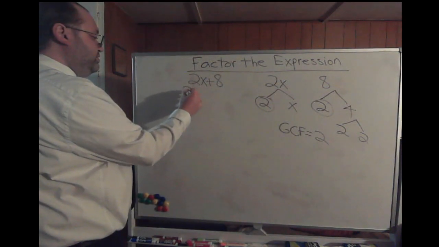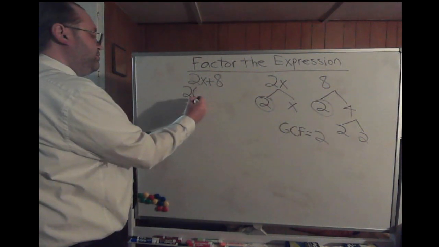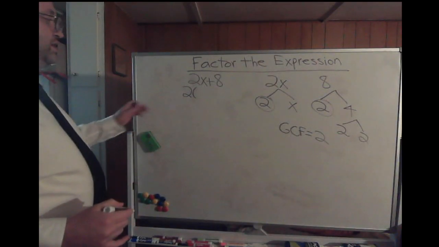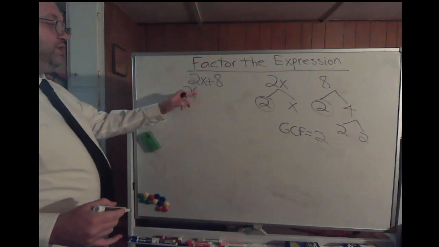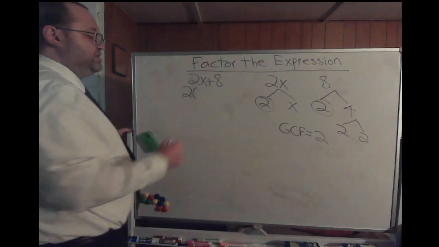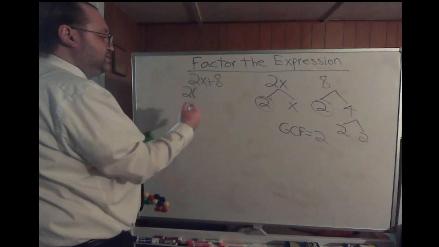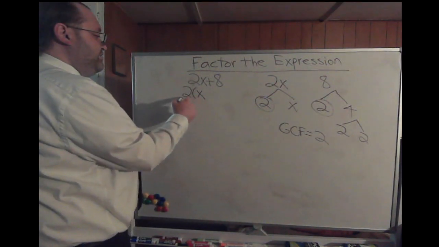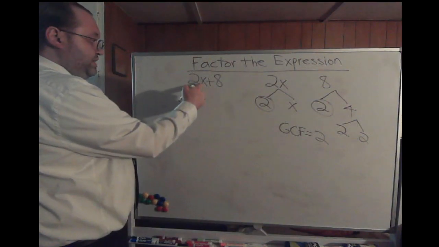You'll write 2, then in parentheses, because you got 2 on the outside of the parentheses, 2 times what equals 2x? X. If you multiply that 2 times x, you'll get 2x.